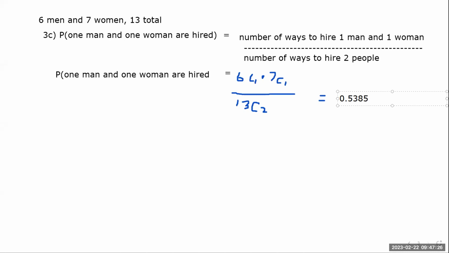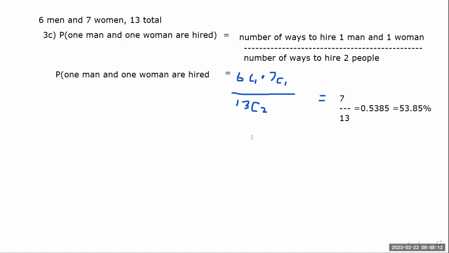And that comes out to, actually, let me put 7/13 is my fraction here. And this is equal to 0.5385, which is 53.85%. There you go.